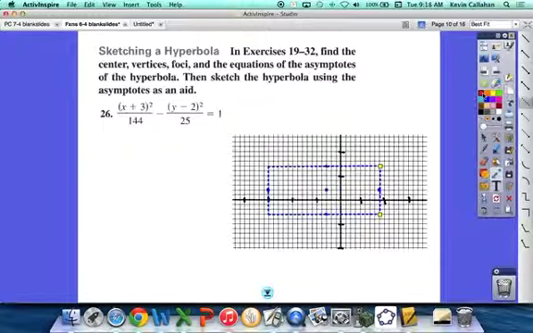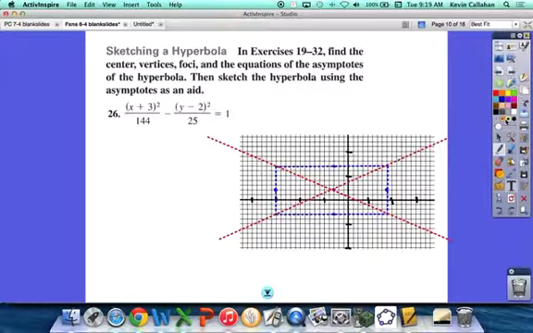Then we're going to draw in our diagonals. Then we're going to sketch the graph, from the vertex towards the asymptotes. It should be kind of rounded, but it comes out looking more like a point. That's okay.